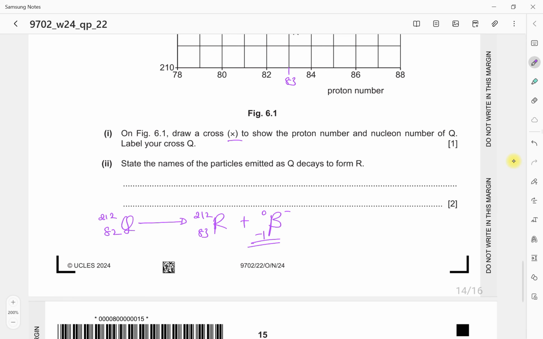When a beta minus particle is emitted, this is accompanied by an antineutrino. When an electron is emitted, it is emitted with an antineutrino.